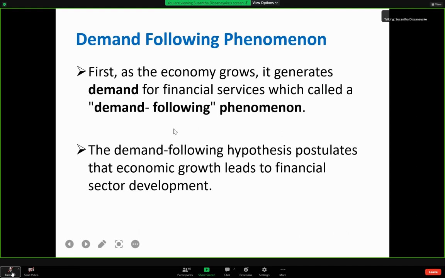So initially what will happen, economic growth will happen. When we think about how the economy is growing from a Keynesian perspective, assume you are getting a job, so then you have a salary, income, at the end of the month.